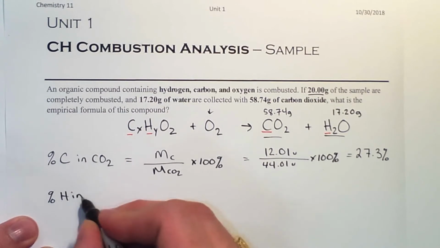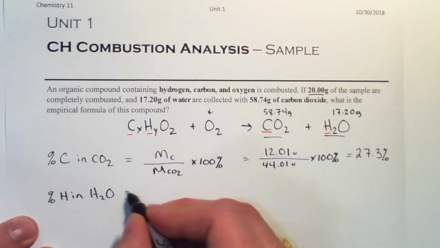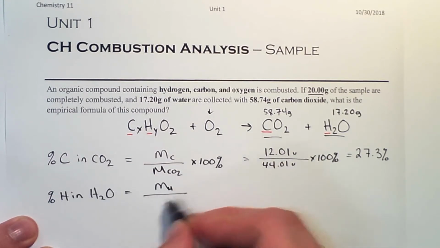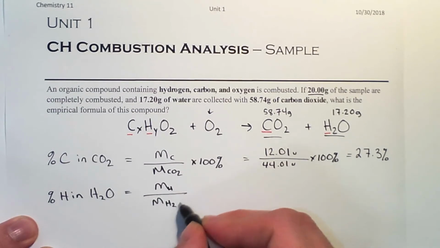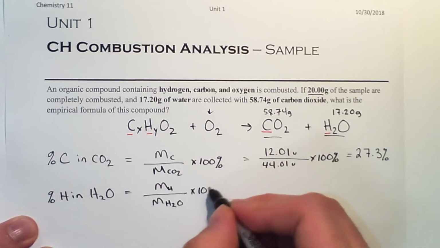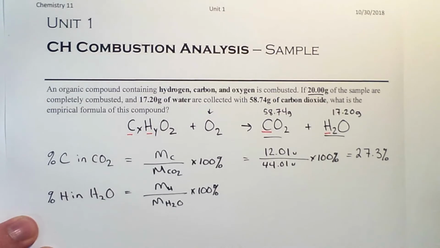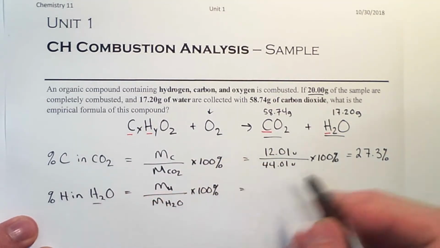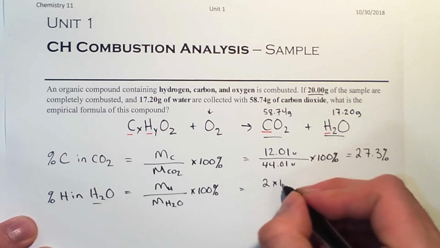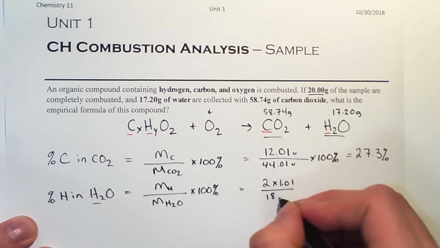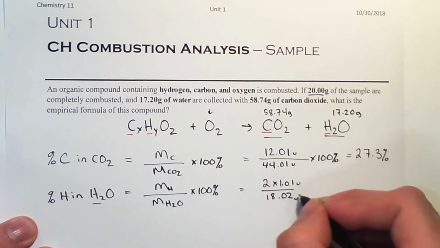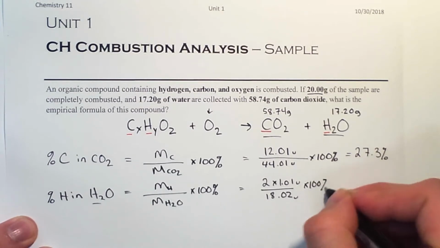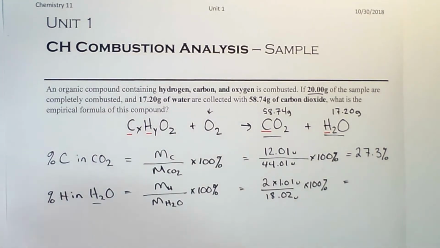My percent hydrogen in H2O is equal to the mass of hydrogen over the mass of H2O times 100%. And I have two hydrogen, so it's 2 times 1.01 over 18.02, remembering that we do have to double the mass of hydrogen because there is 2.